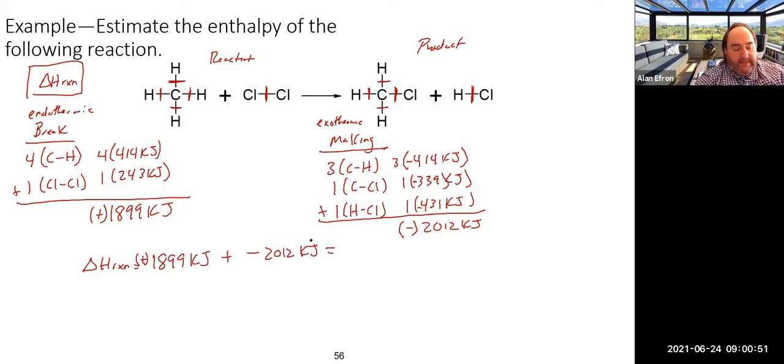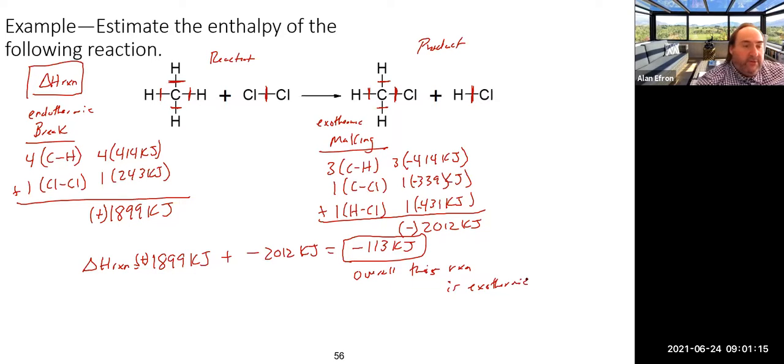If we take 1899 minus 2012, that's going to give us a minus 113 kilojoules, which basically means that overall, this reaction is exothermic based on bond energy, which means there's a net release of energy as a result of breaking the bonds and making the bonds in this particular case. Any questions on how we got those numbers or anything like that?